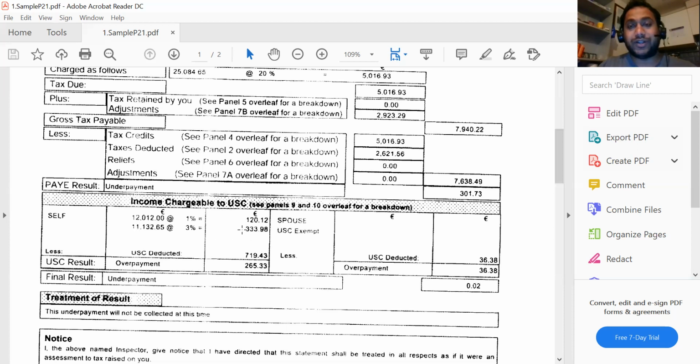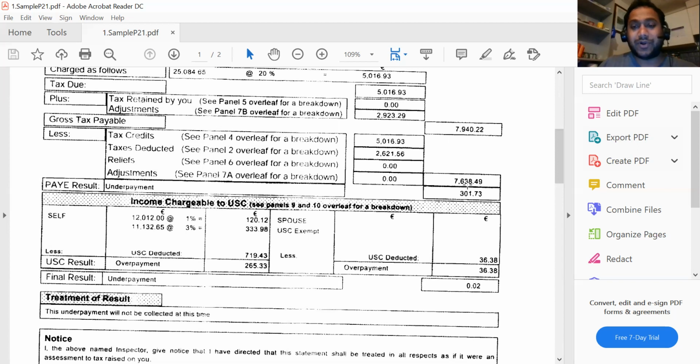He was supposed to pay 120.12 plus 333.98. So there's an overpayment of 265.33, and the spouse is earning less than 12,012 euros. If you're earning less than 12,012 euros, you basically have zero USC. So it's a complete USC exemption. But she paid 36.38 towards USC. So that's an overpayment.